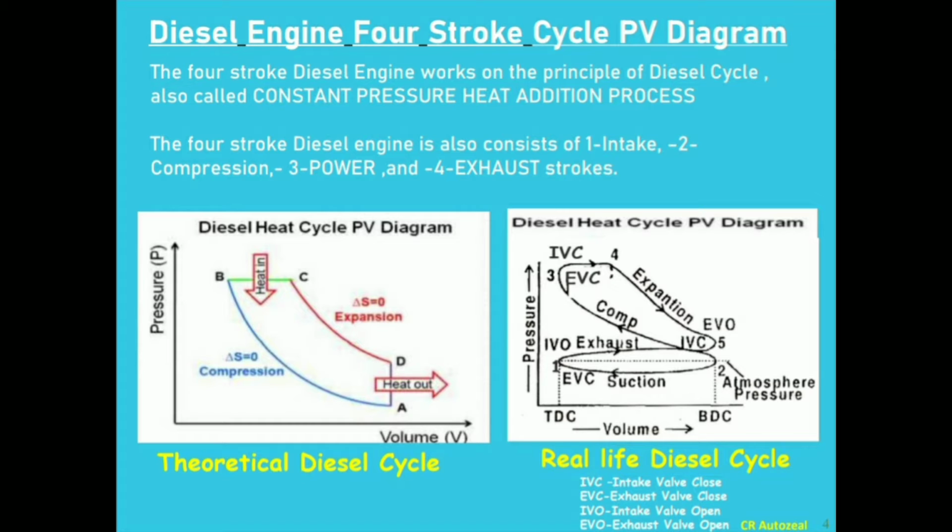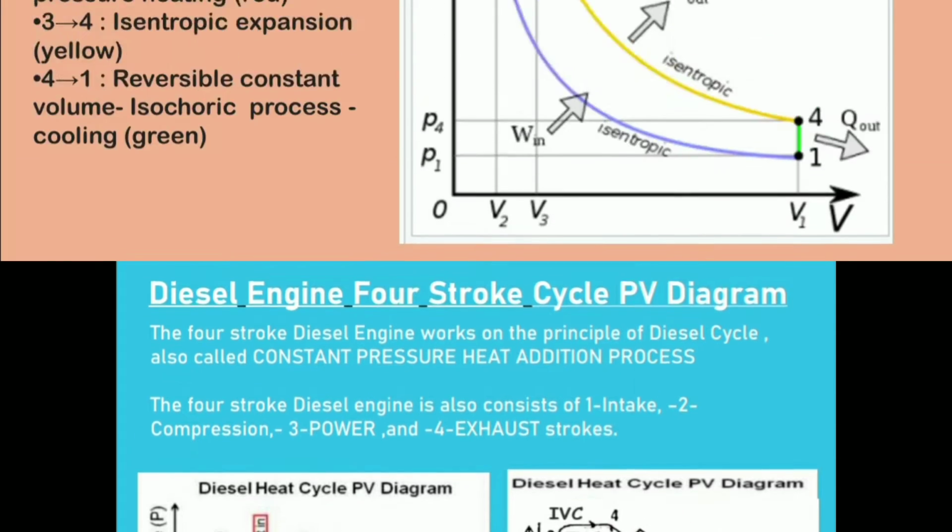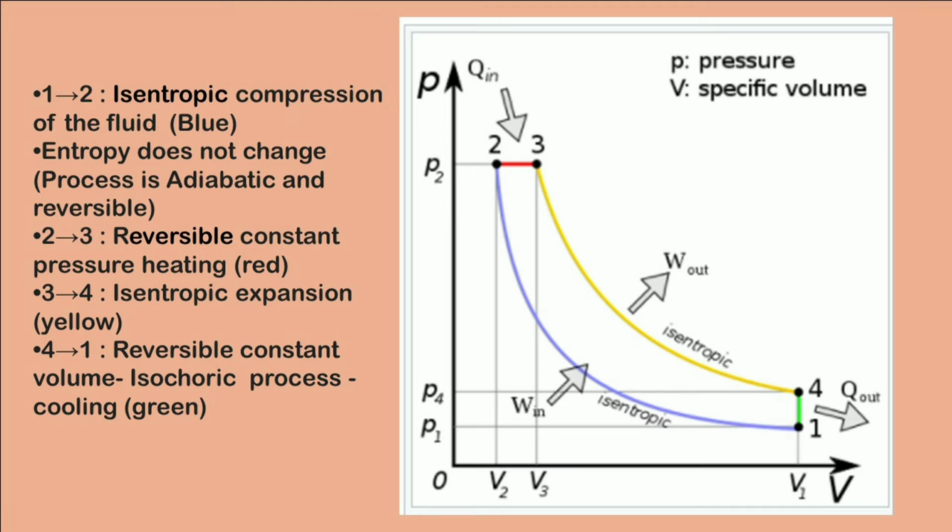These 4 strokes are represented through a pressure and volume diagram, which is called a PV diagram. Idealized diesel cycle. The diesel engine is a heat engine and this engine converts heat into work.